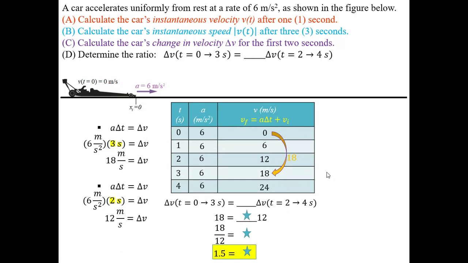If you can fill this chart out quickly, these different types of ratio, VF, change in V, is super fast. Well, what do I do with the second statement? It says from 2 to 4. So just draw an arrow from 2 to 4 seconds. Well, it went from 12 to 24. Basic math. 24 minus 12 is just 12. So right away, you see how you can come up with these two conclusions, 18 and 12, super fast, without doing all this math here, okay? Pick a strategy that helps for you. I hope that helps. Stay nerdy. Don't be whack.